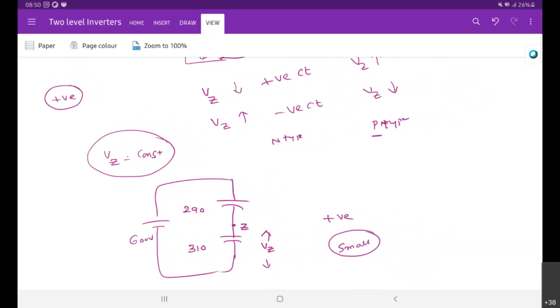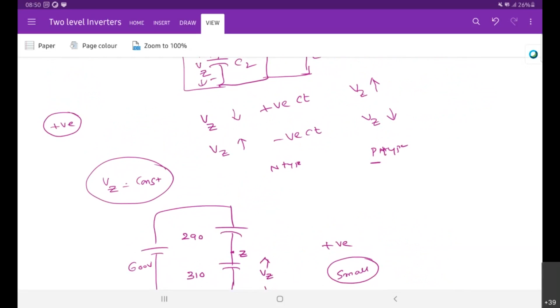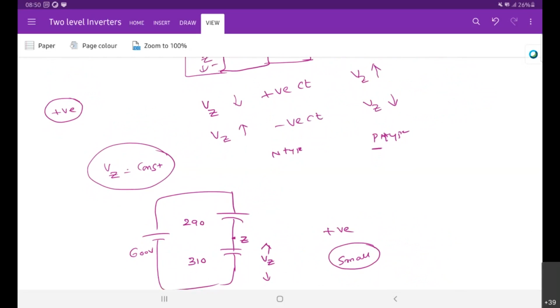Which one will you prefer in this certain case? What is the best option? N type. Yes, N type, sir.